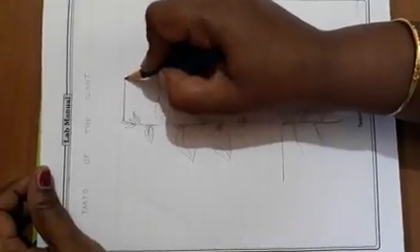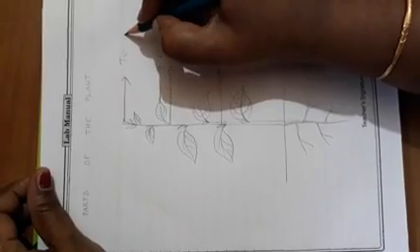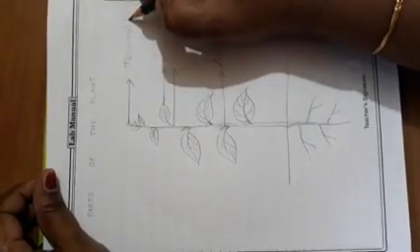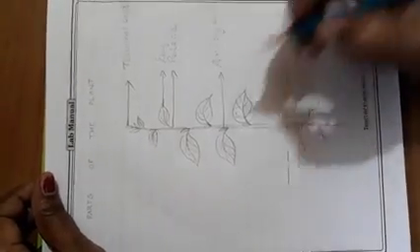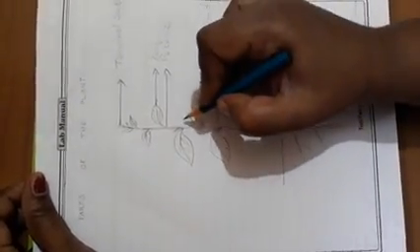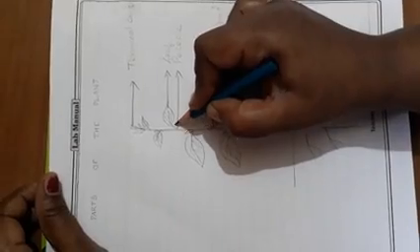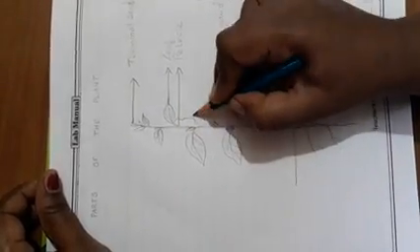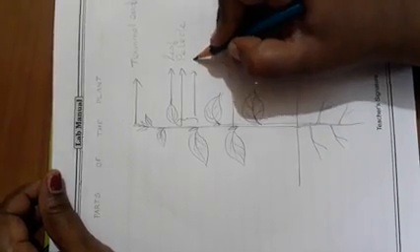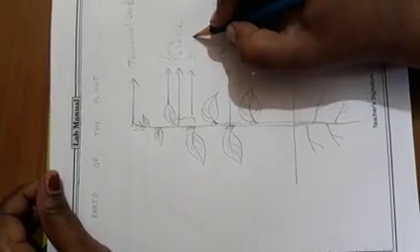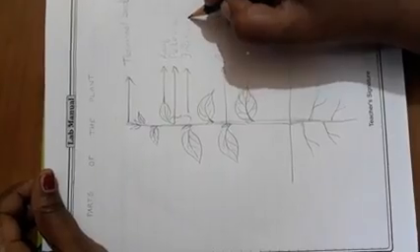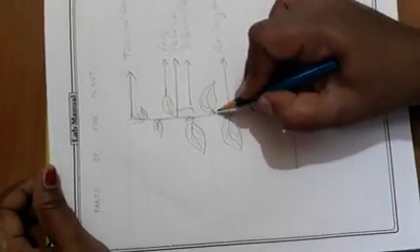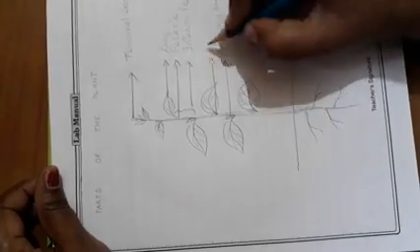And this is terminal bud. This is internode. The distance between 2 successive nodes, we call it internode. And we will label nodal region also, node.